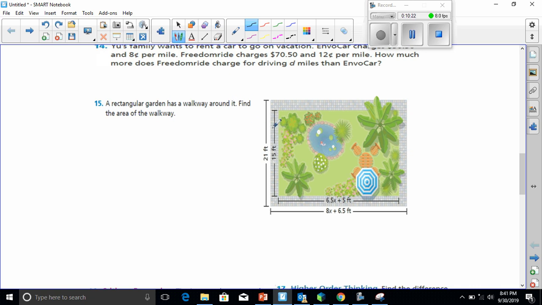Well, first of all, I know I can go ahead and take the entire yard and minus the garden from it, and that'll give me the area of the walkway. I have to remember that area equals the length times width. So the length of my whole yard is 21 times 8x plus 6.5.